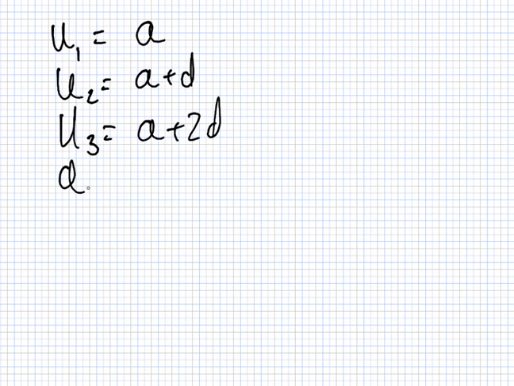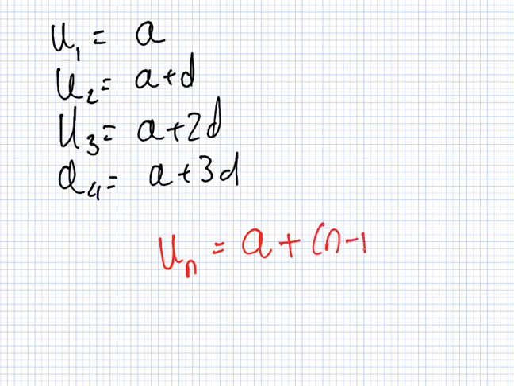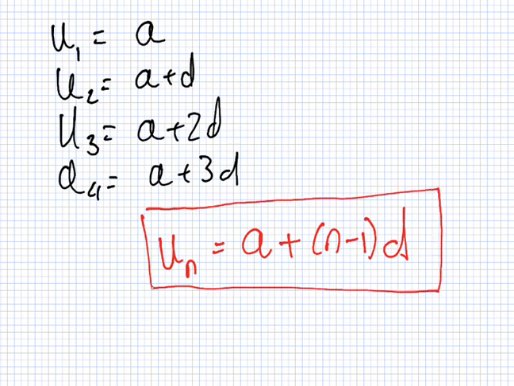And the fourth term, A plus 3D. So it should be clear what's happening here. If you want the nth term, that is A plus (n minus 1)D. So this is our first formula for today. We will have 2 formulas for today. This is the first one.